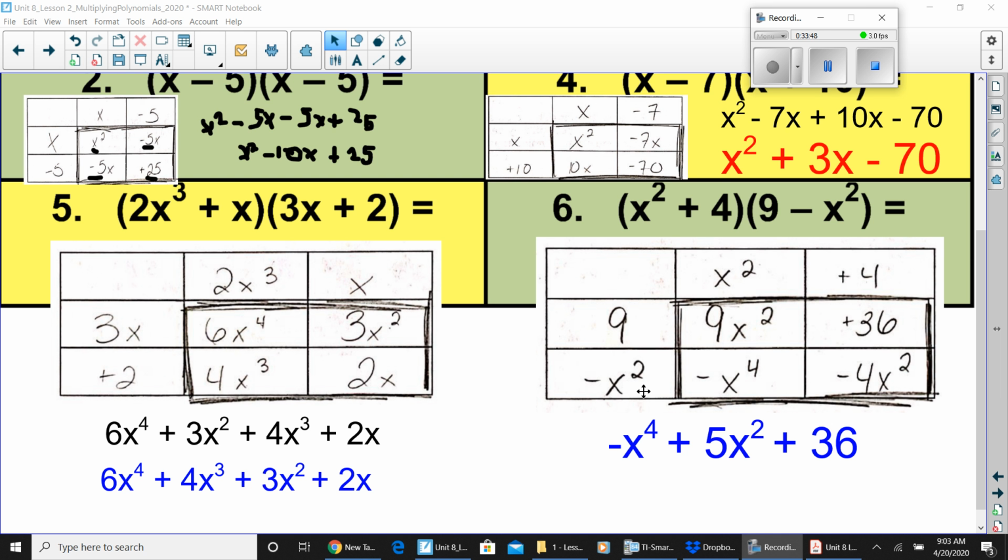Negative x squared times x squared is negative x to the fourth. Right? This is 1, negative 1 times 1 is negative 1. And then x to the second times x to the second is x to the fourth. Negative x squared times 4 is negative 4x squared. And then just put that down. All right? And those are your answers.